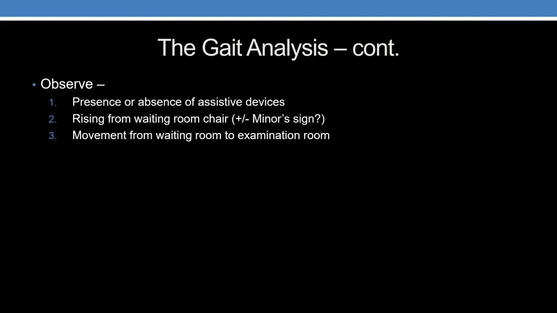This gives me a chance to observe them from the front, and I get a good idea as to how they're moving from the waiting room to the examining room. I can start to draw some initial conclusions simply from this very brief 5 to 10 second interaction out in the waiting room.